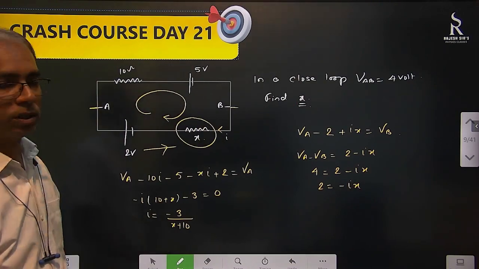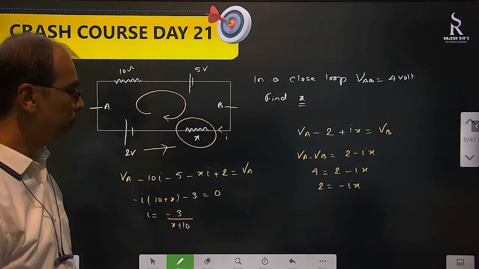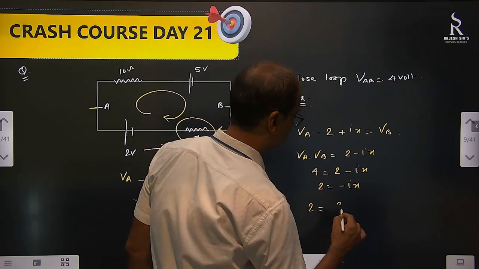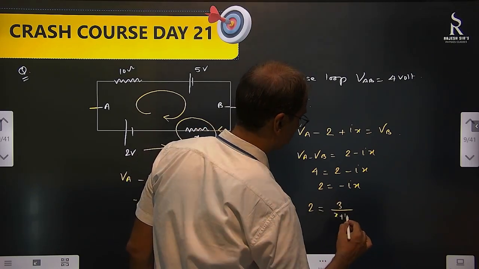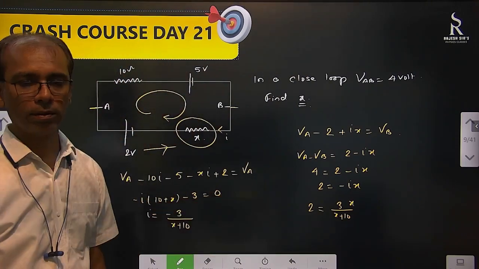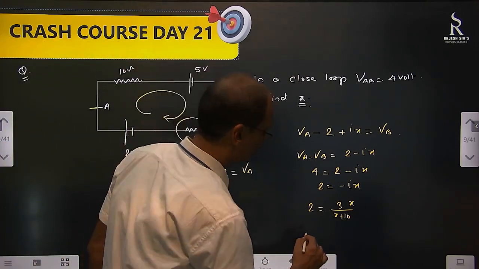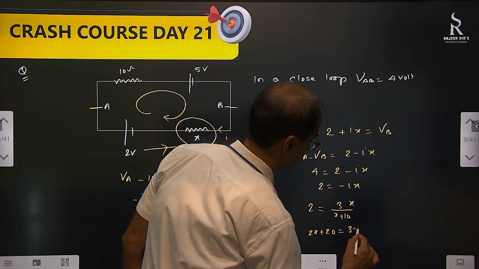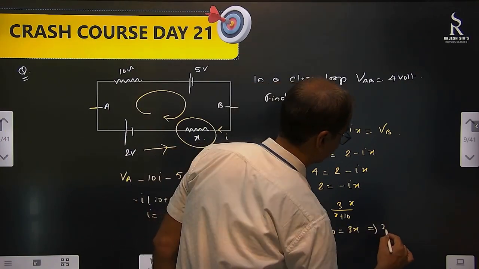Okay, I value is here. Let's put it. So 2 equal to 3 by (X plus 10) into X. Minus adjusted. So 2X plus 20 equal to 3X. So X appears to be 20.